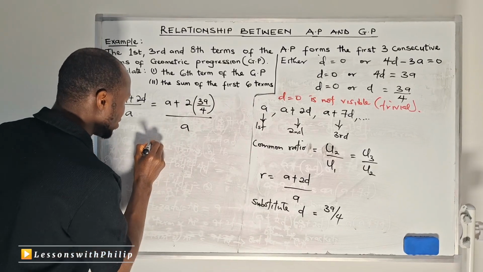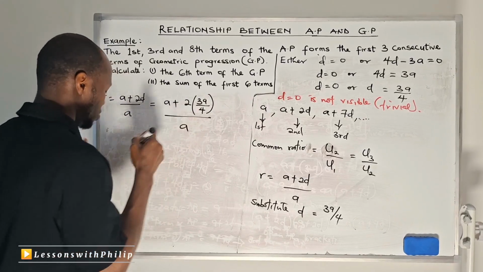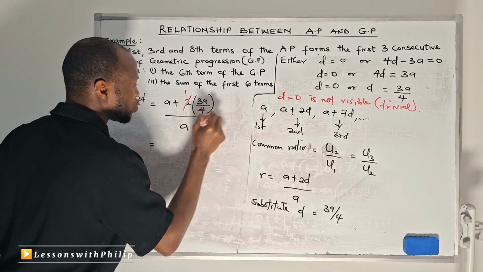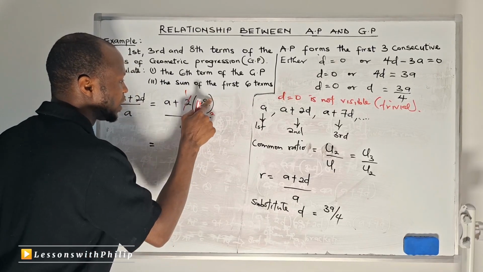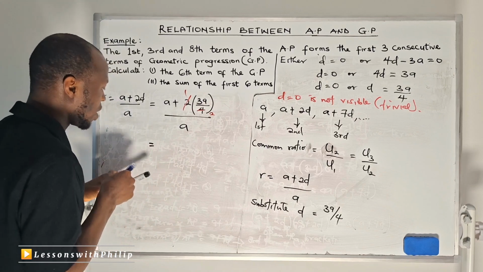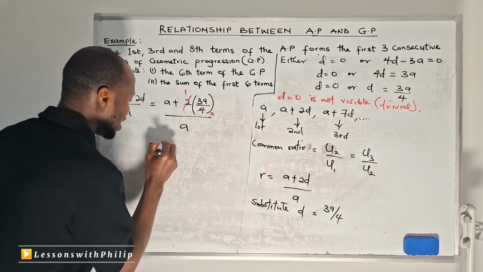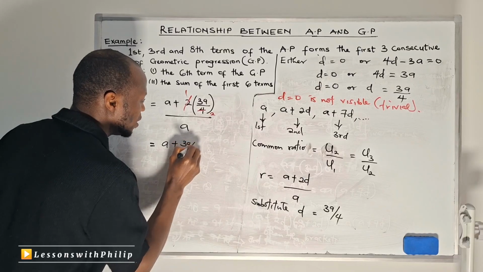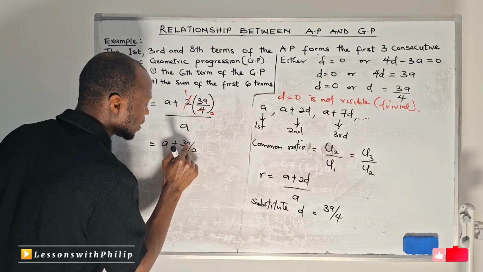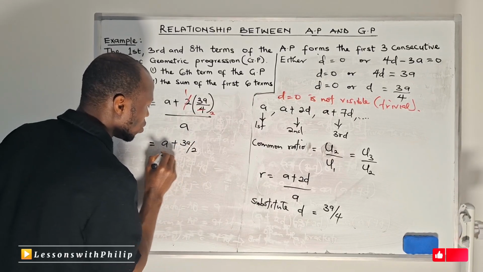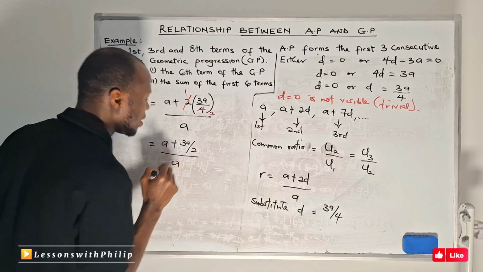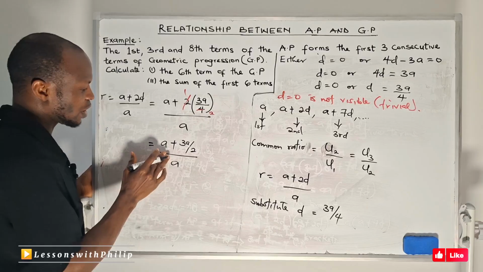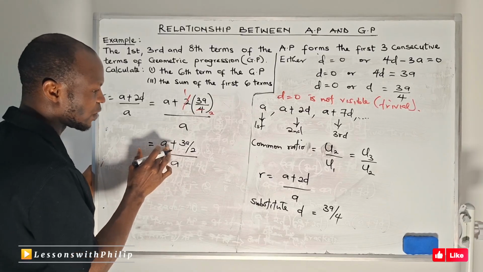So this will now be equal to A plus 3A over 2, all divided by A. Do you know that you can find your LCM for this?